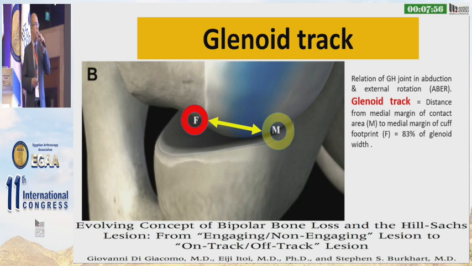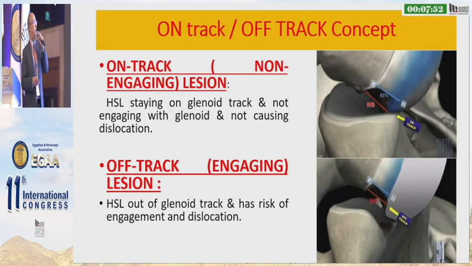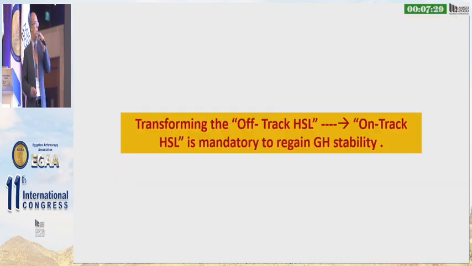After the introduction of the glenoid track by Di Giacomo et al., we have been able to classify the Hill-Sachs lesion into an on-track lesion, which is a Hill-Sachs remaining on the glenoid track and not engaging the anterior glenoid labrum, and consequently no risk of dislocation, and an off-track lesion, which is an engaging lesion in which the Hill-Sachs lesion is out of the glenoid track, with a risk of engagement and dislocation.